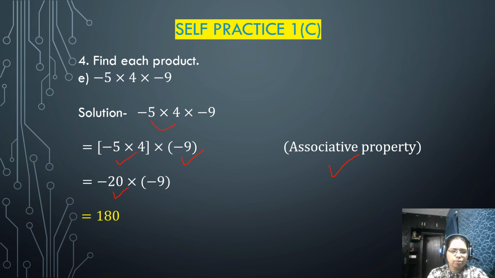And we multiply minus 20 with minus 9. Both are negative integers, so the product is a positive integer. Minus 20 multiplied with minus 9, we get 180. And 180 is a positive integer.